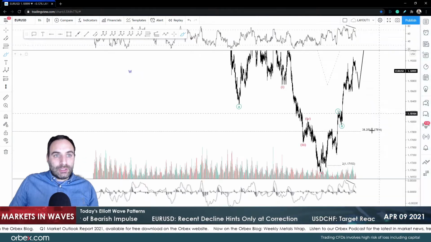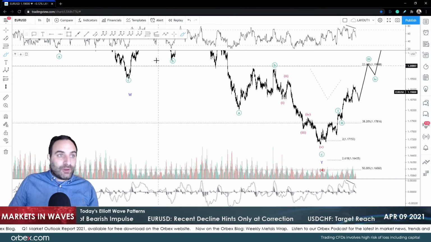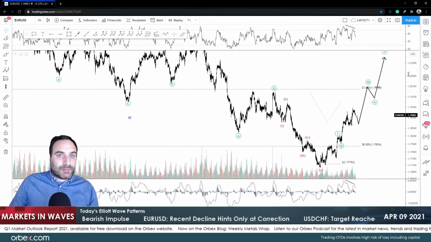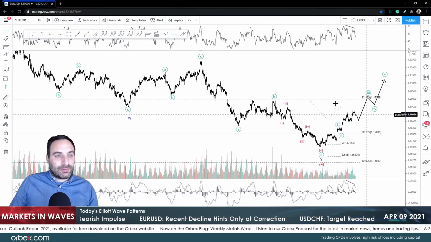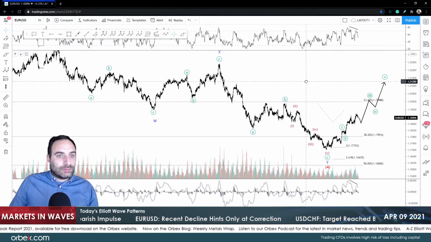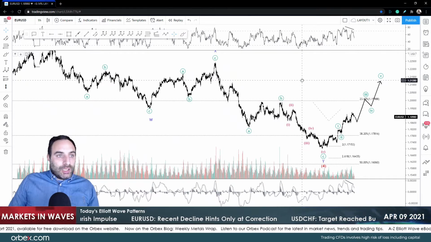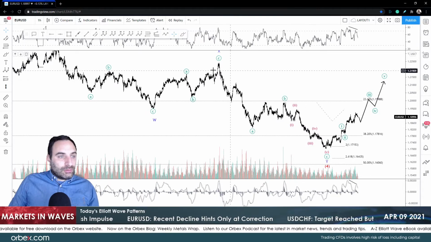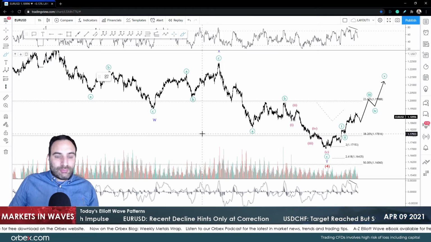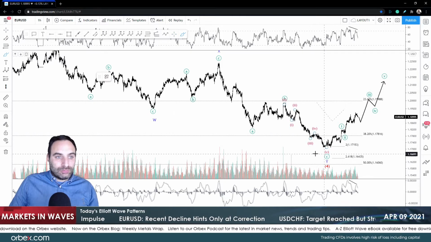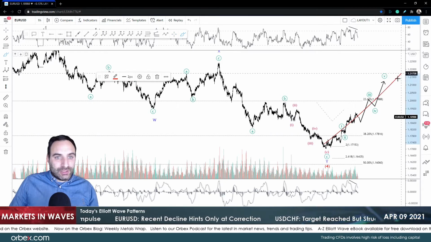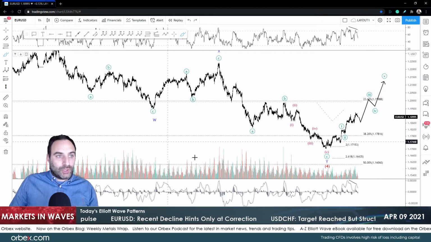On the euro dollar, I've been battling with the subjectivity here, whether this is a double 3 or a triangle. I do remain on a triangular formation with unchanged view, okay, because if we indeed turned up, then it could be either.